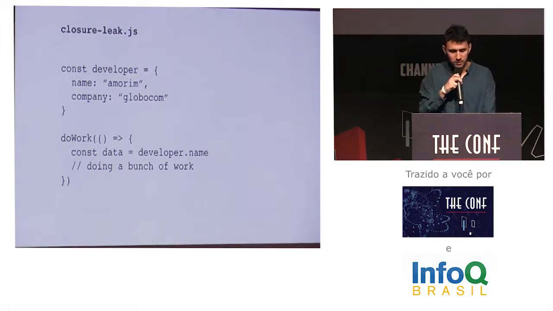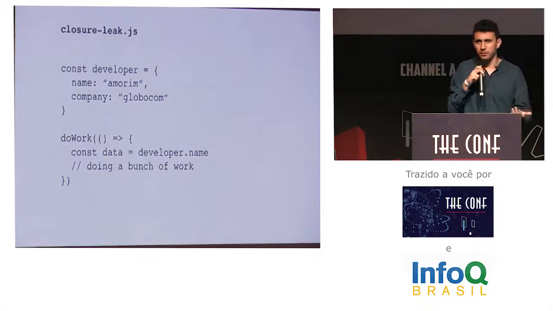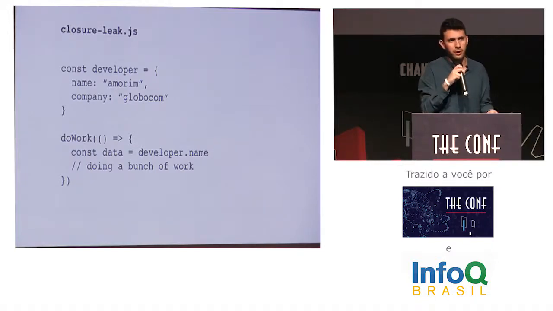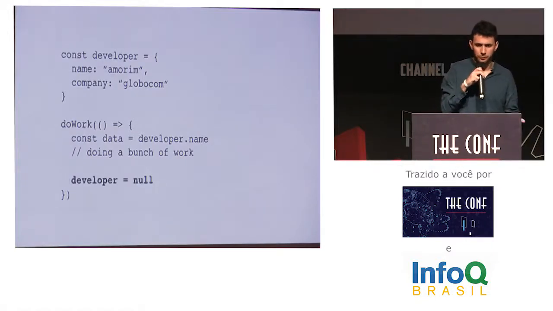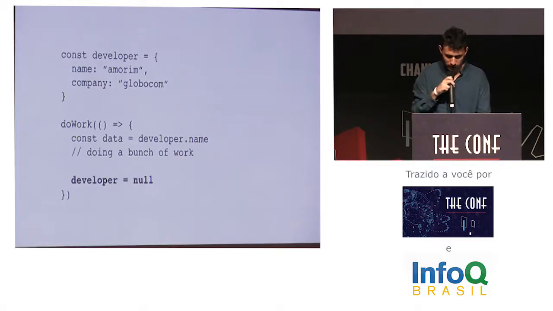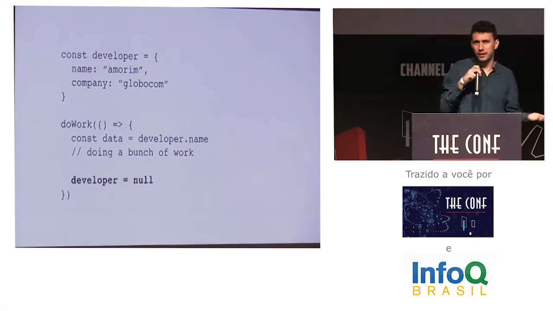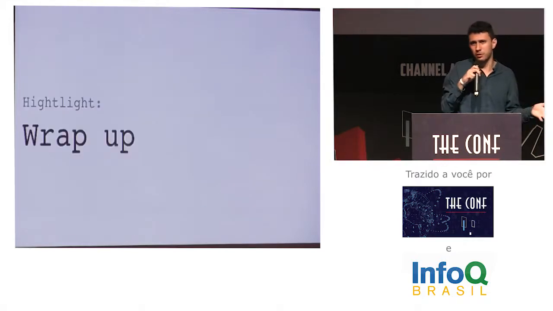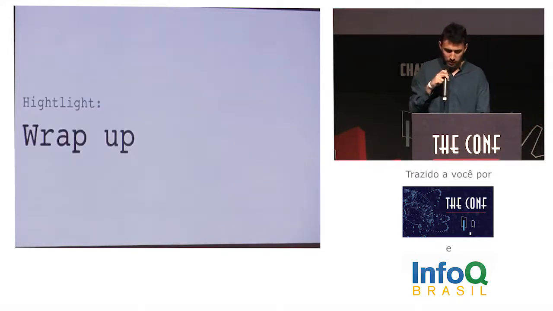It's like a trick, because most developers don't know that it can be a shot in your foot. If you set developer to null, you don't have the problem anymore, the leak is solved, you know.